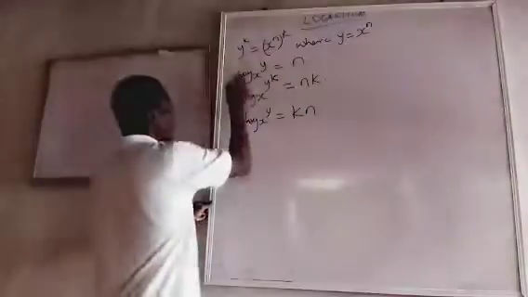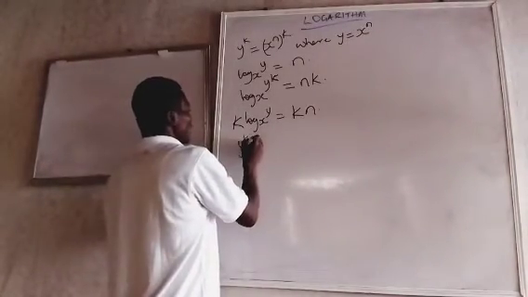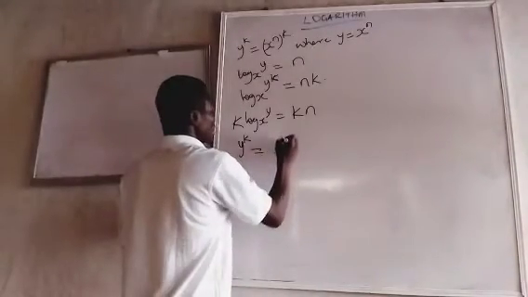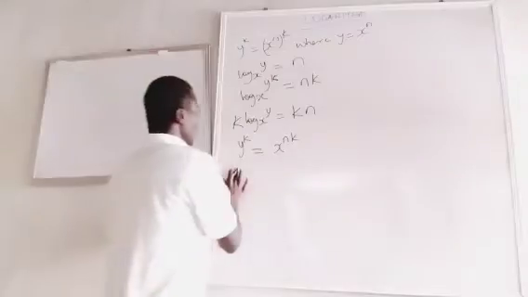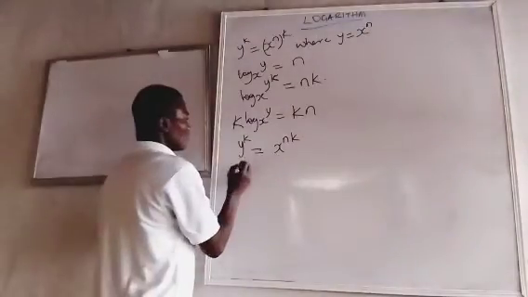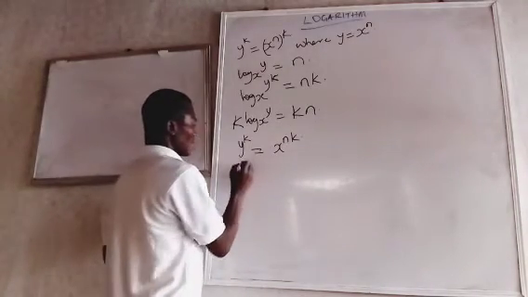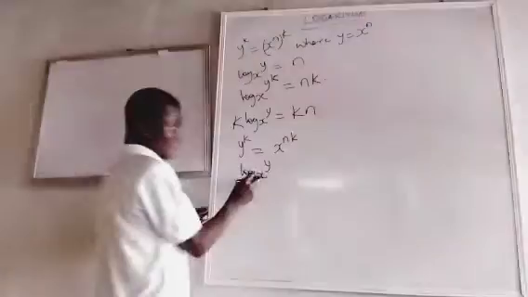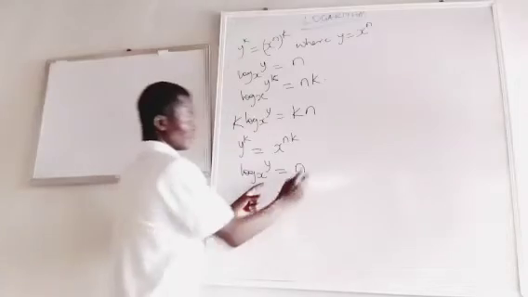That is, when we have y raised to power k equal to x raised to power nk, log y base x is equal to n.